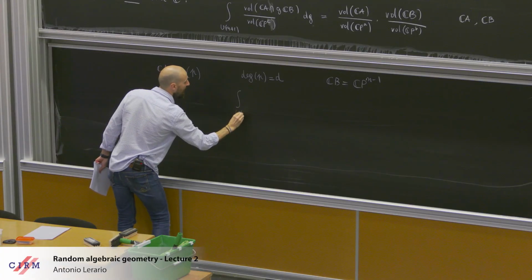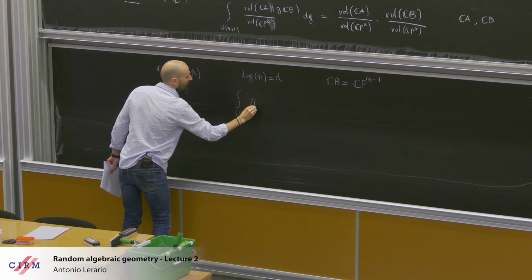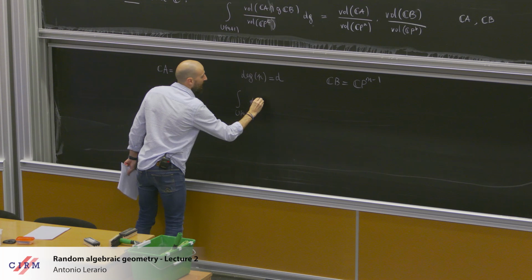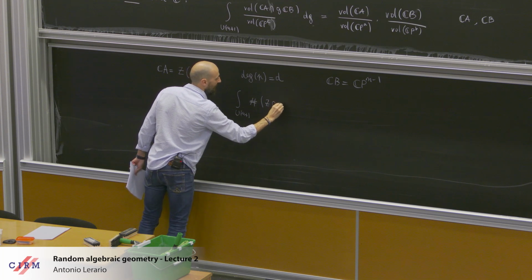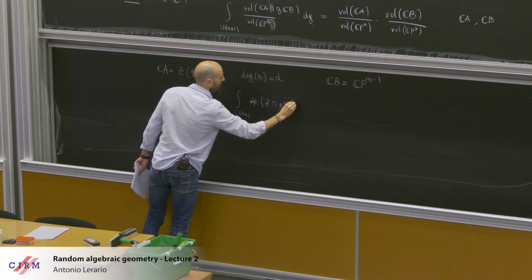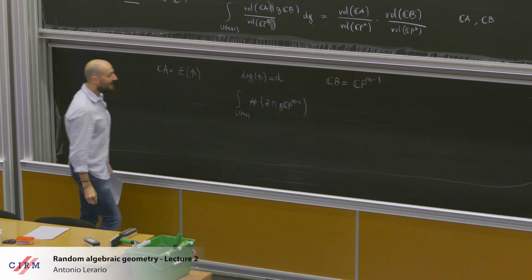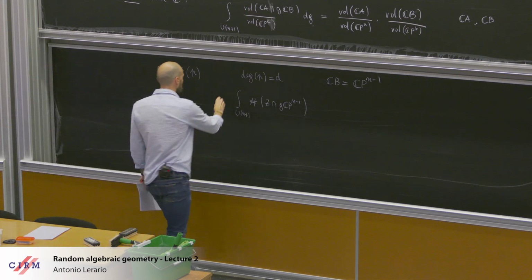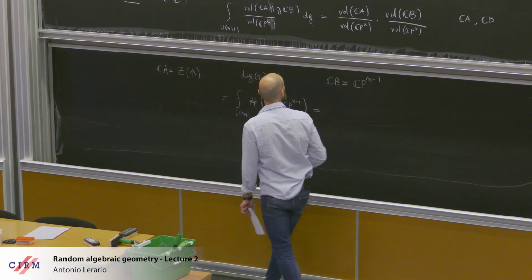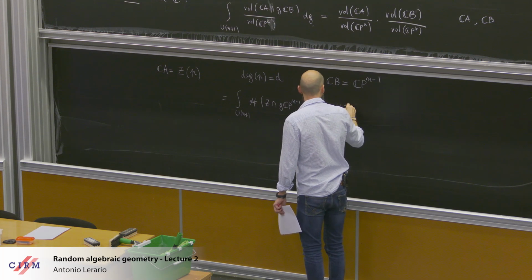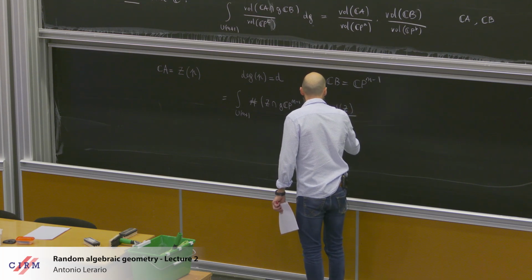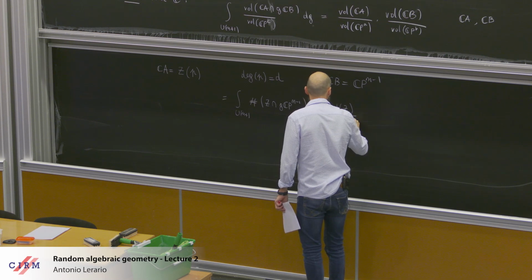Integral on the unitary group, cardinality, number of points of intersection between your hypersurface and a rotation of this CP^(n-1), equals the volume of my hypersurface divided by the volume of CP^(n-1).